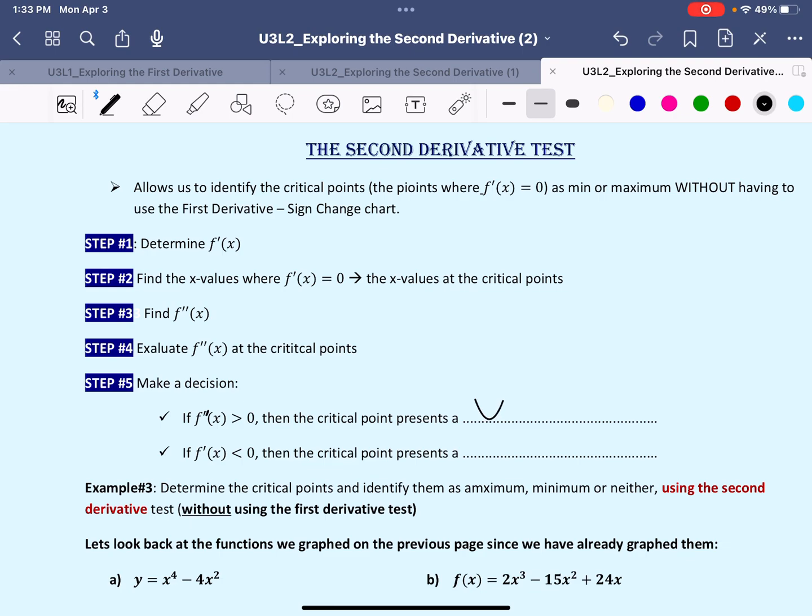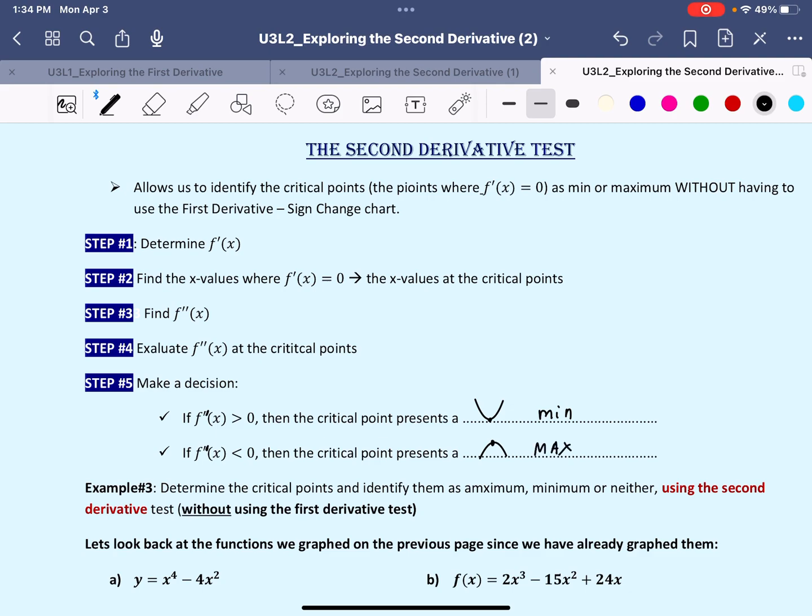So that means that the critical point must represent a minimum. If the second derivative is less than 0 at the critical point, x, then the critical point will be hosted in a concave down shape, which will mark a maximum on the graph of the function.